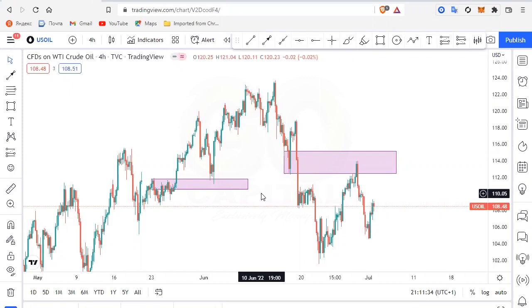I showed you the websites where you can find this information, like CNBC, forexfactory.com or Bloomberg. You can also go on Google and, let's say you're looking at the US dollar, type US GDP.